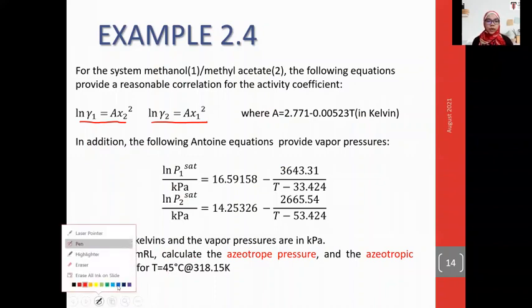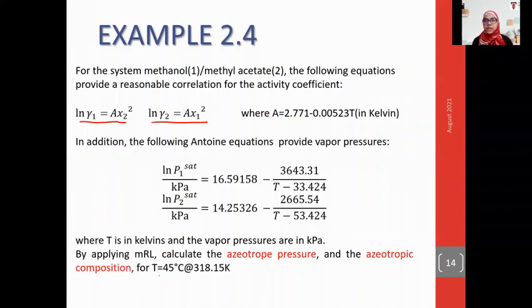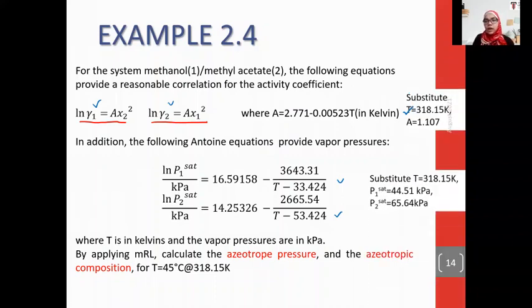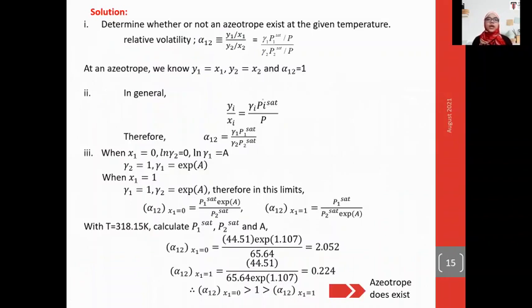So once we know the temperature, since the temperature is given, we can determine the value of A, and if we determine the value of A, then we can determine the activity coefficient for both species as well as the saturation pressure. So you can obtain the A and P saturation.